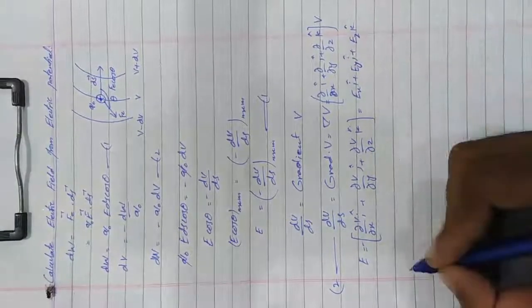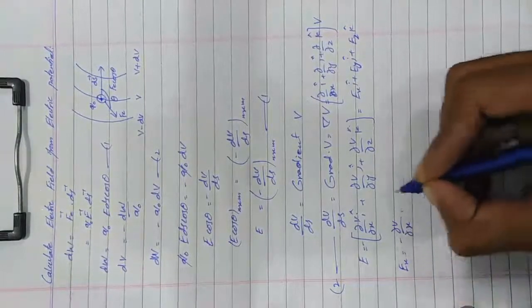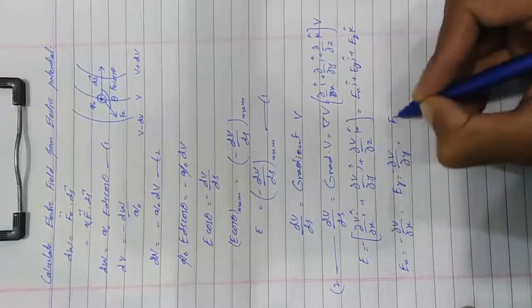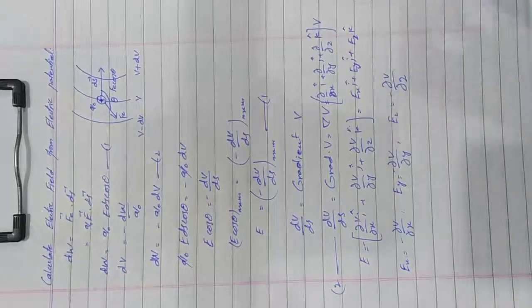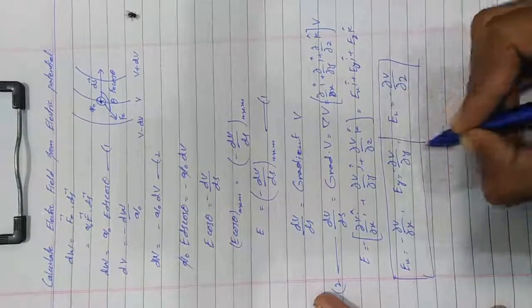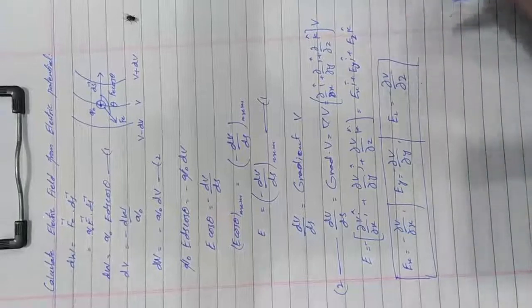Comparing on both sides, we have Ex equals minus partial V over partial x, Ey equals minus partial V over partial y, and Ez equals minus partial V over partial z. So in this way we can find the electric field Ex, Ey, Ez, which means in any direction, from the electric potential.